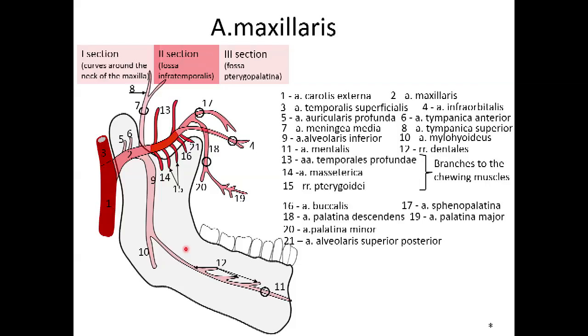Before finishing today's lecture, I'd like to summarize that one of the problems of today's theme is that it is impossible to demonstrate very small branches of arteries, but we should know them.